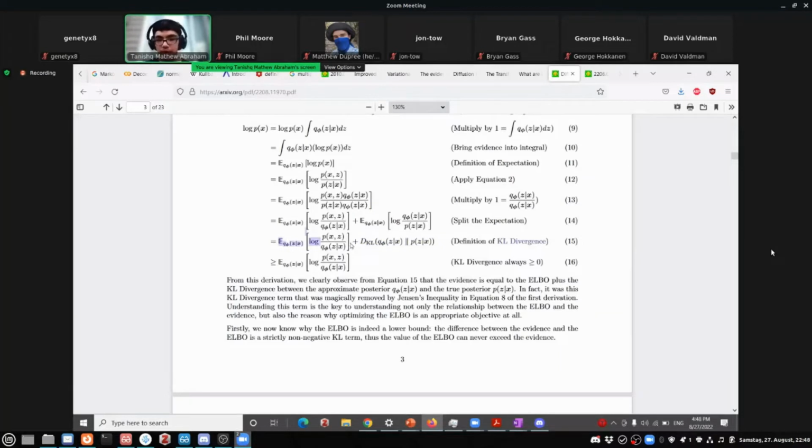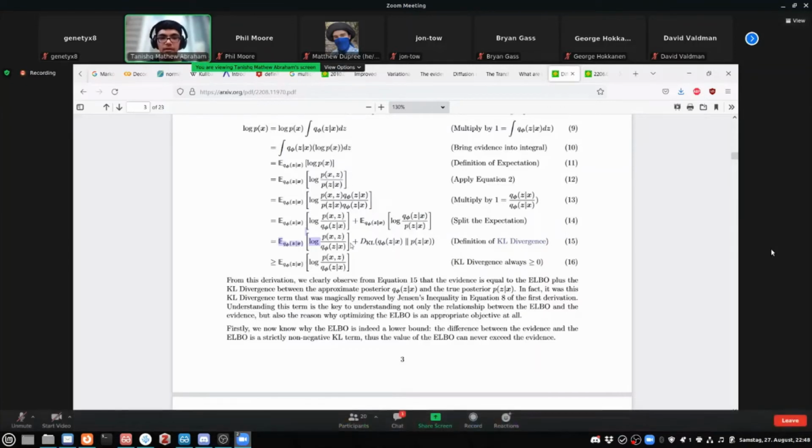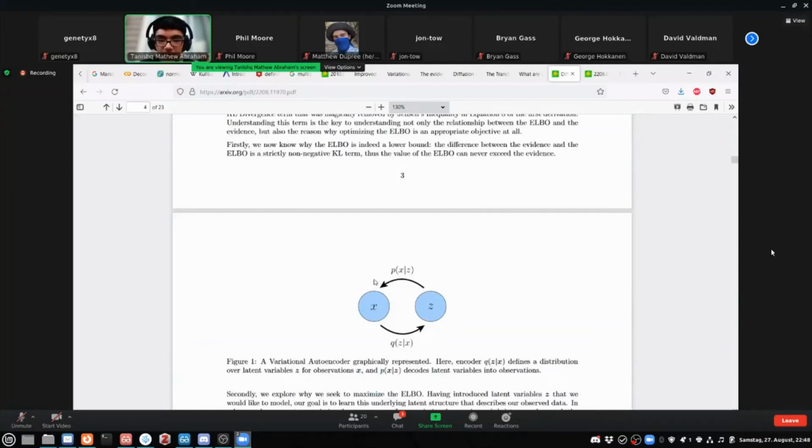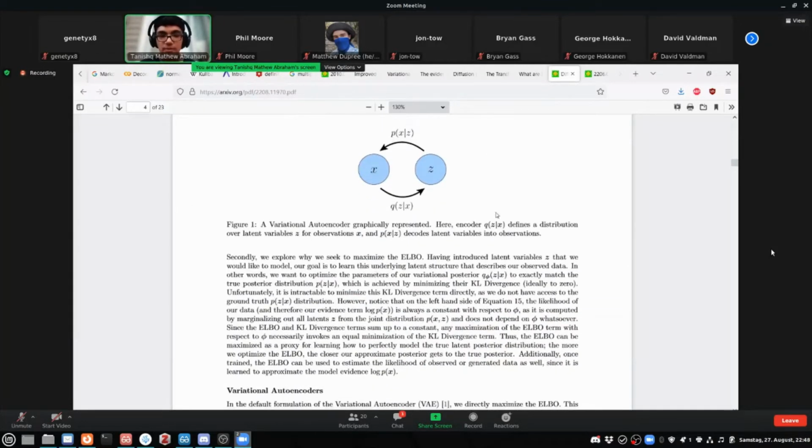So what it's saying is that, in this case, you're maximizing the ELBO. There's confusion there, because technically you maximize the ELBO and then minimize the variational lower bound. I think it's just a change in sign.